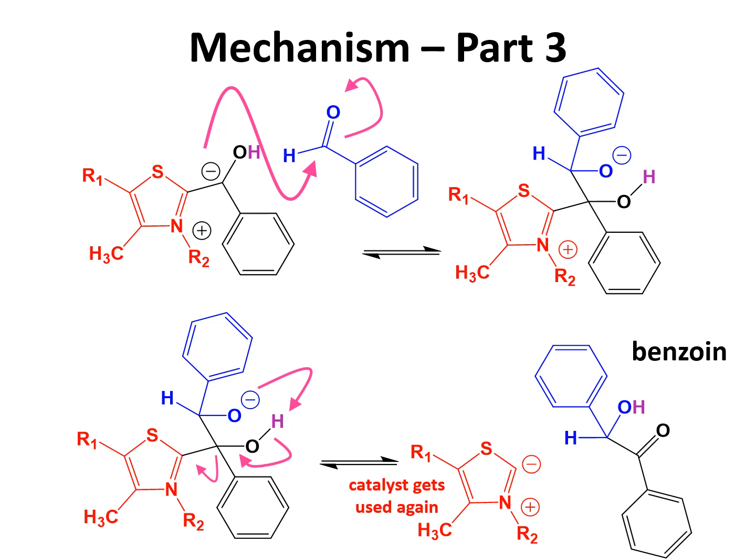And what happens is the oxygen-hydrogen pi bond will delocalize down to make the carbonyl carbon, and that will displace the thiamine fragment, which will be the catalyst in this case, and then we have the catalyst recovered and the final product benzoin formed.